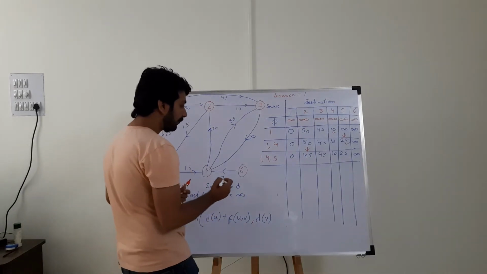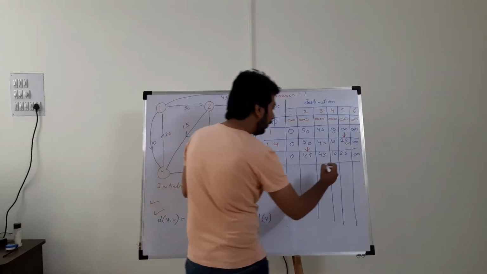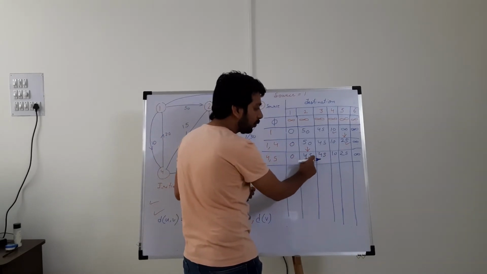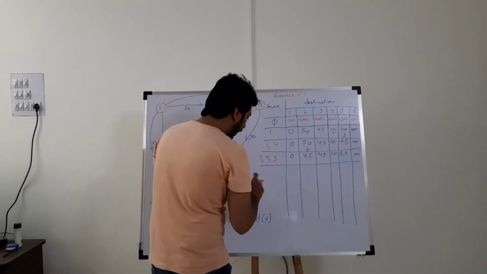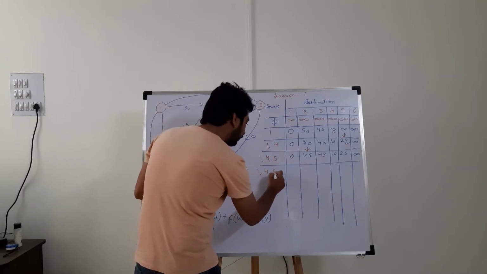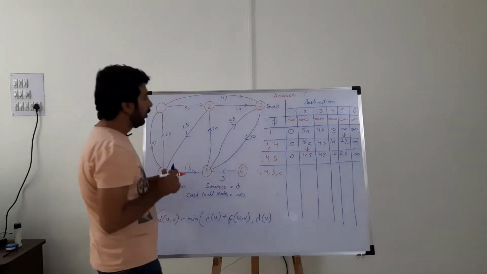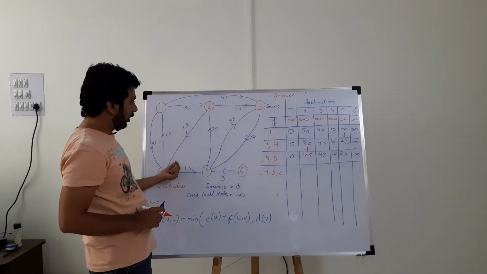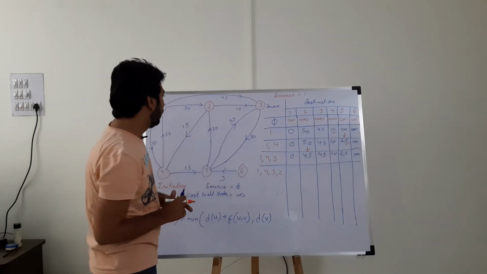Now after this, the minimum ones are 2 and 3. We can add either 2 or 3. Now I am adding 2. 2 is connected with 3 and 2 is connected with 4 and 2 is not connected with anything else.